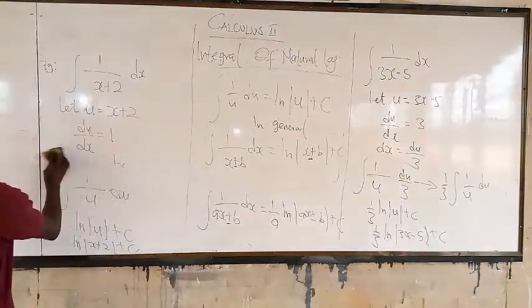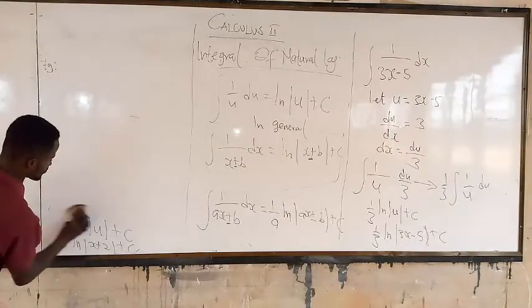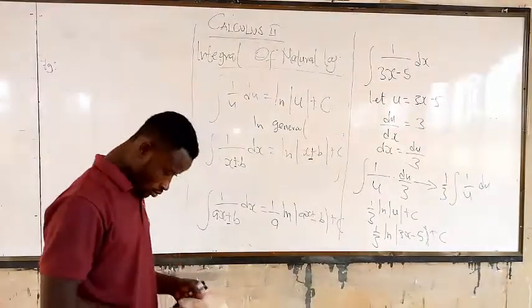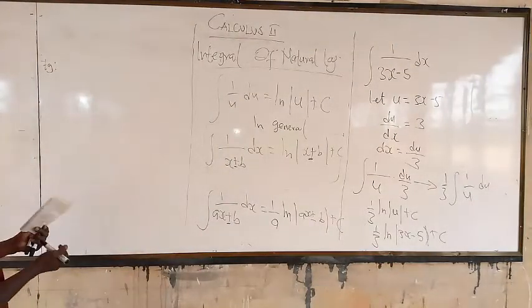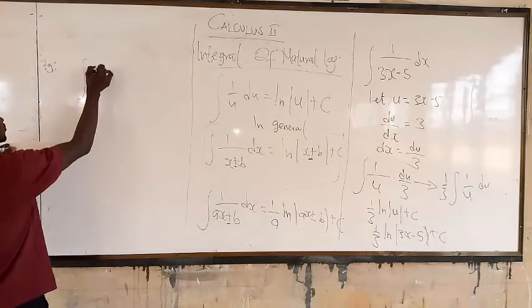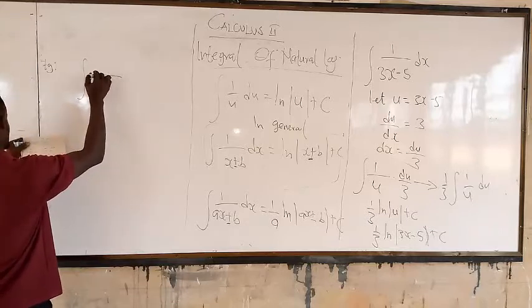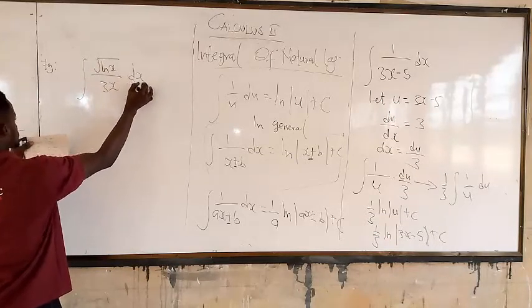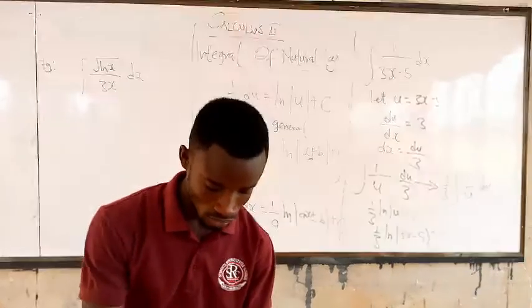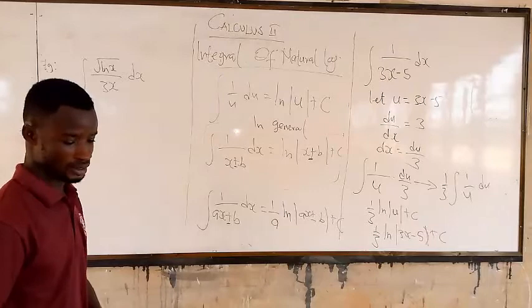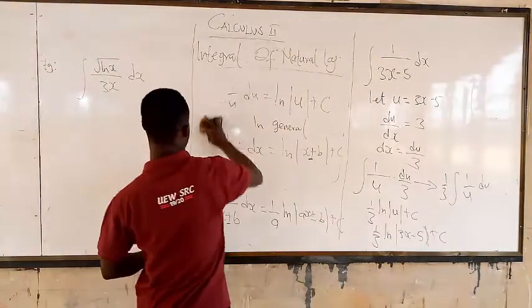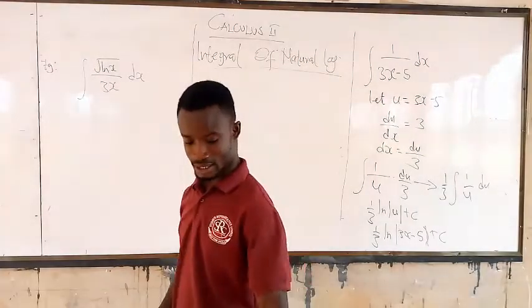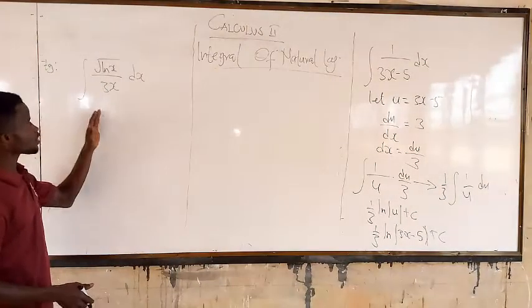Okay, let's look at another example. Alright, so having this, the one to pick as your u is very, very important.